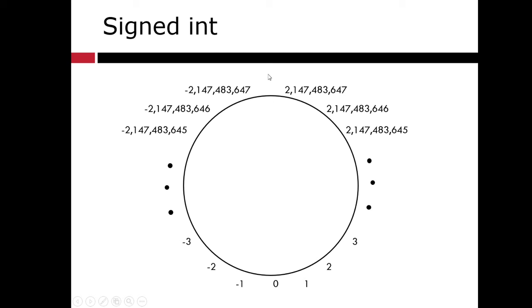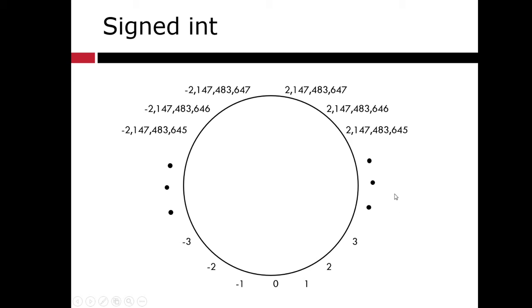And the next large number in the positive side is 2 billion, blah, blah, blah, 48. We didn't show it here, but the maximum positive number is 2 billion, blah, blah, blah, 648. And then if you add 1 to that number, it goes to negative. Oh, sorry.